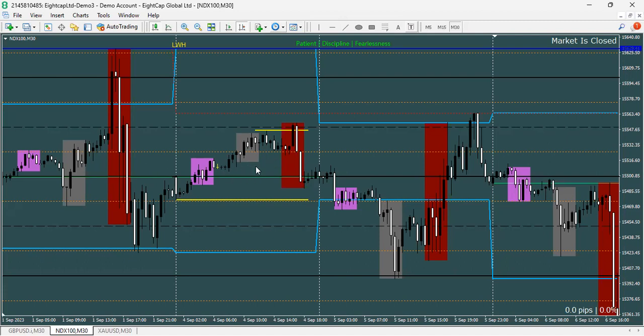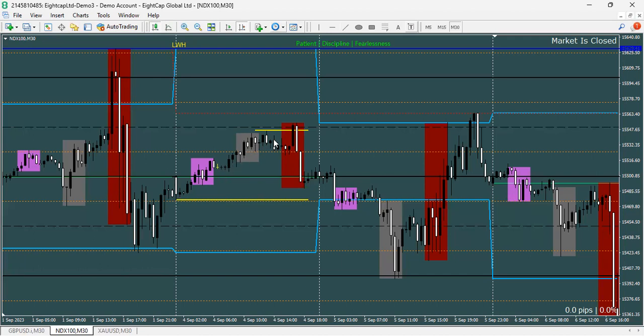Now, the main levels for me are the double zeros and the 50 level. So as you can see, with NASDAQ on a Monday, like I said, it was a bank holiday, so we're not expecting any type of explosive move. Coming into the New York session, you can see that price was just accumulating.